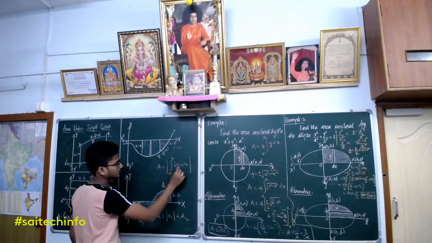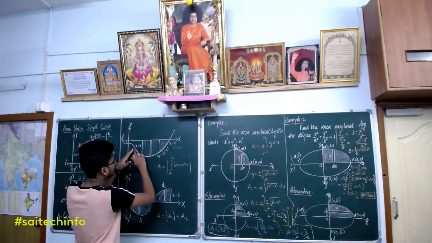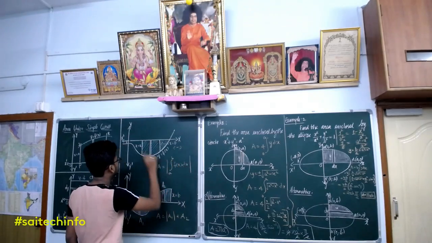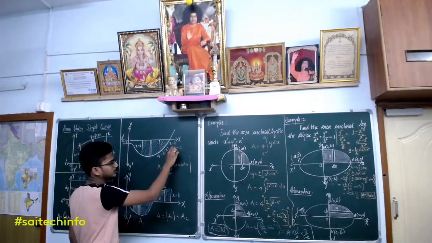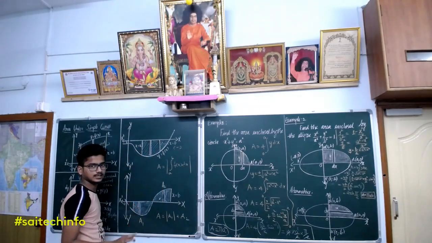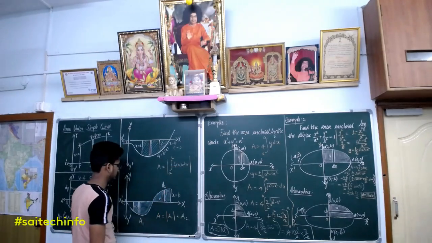So A is equal to f of x dx, which represents the whole area, and the curve is y is equal to f of x, applying the initial limit a and final limit b. So we take the integral from a to b and apply the modulus, as below the axis the values are negative. So area equals modulus of the integral from a to b of f of x dx.